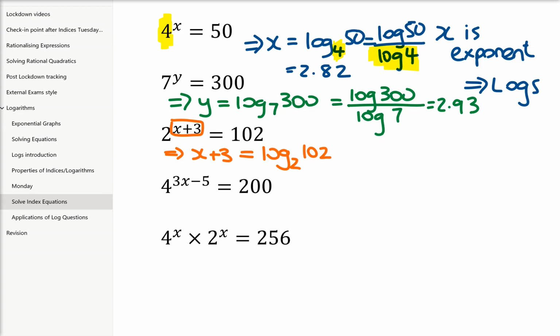That is a number that is log of 102 divided by the log of 2. So that number is 6.67. Happy? So therefore, x plus 3 happens to be equal to 6.67. So what does x equal?